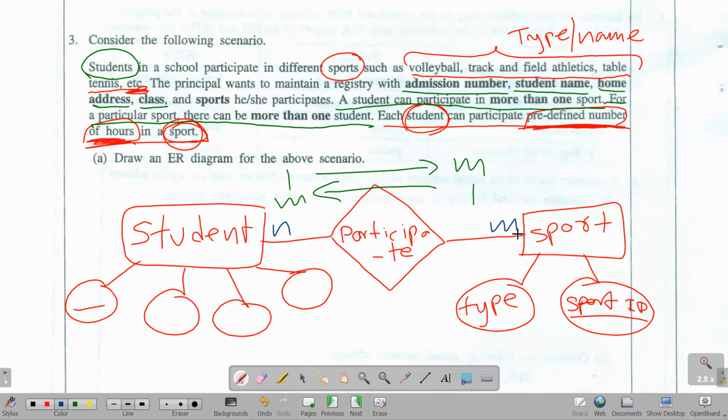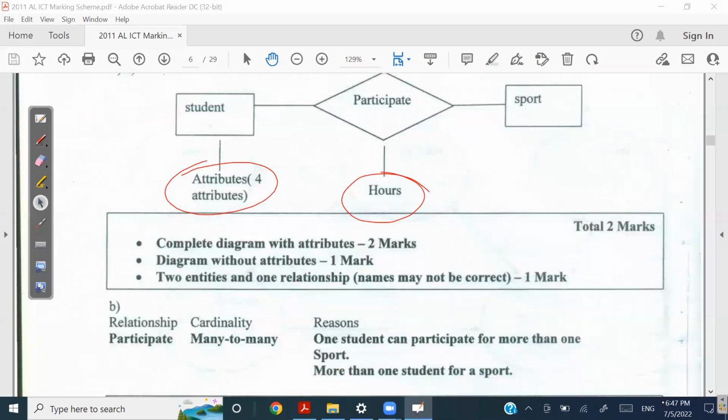You don't draw anything which I have drawn here in green. Right? It is not there. So this kind of diagram must be there. So if the diagram comes in a proper way, it gives you 2 marks.